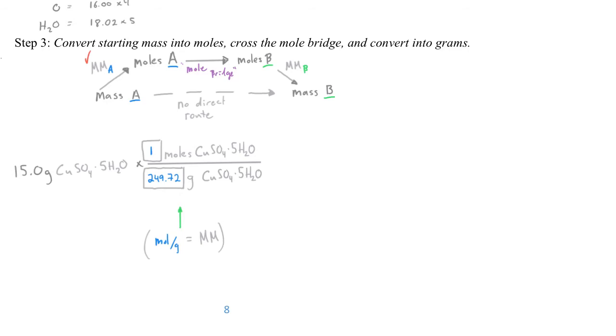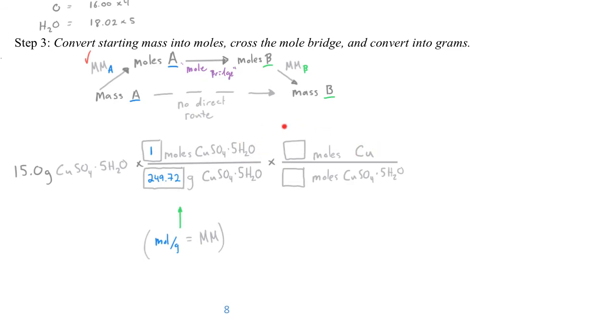So now we're going to have another conversion factor. And we're going from moles of A to moles of B. So this is where I'm going to build my mole bridge. What does this mole bridge have to look like? Well, that's right. It has to have the two different compounds that I'm converting between. So for example, we're going from copper sulfate pentahydrate into copper.